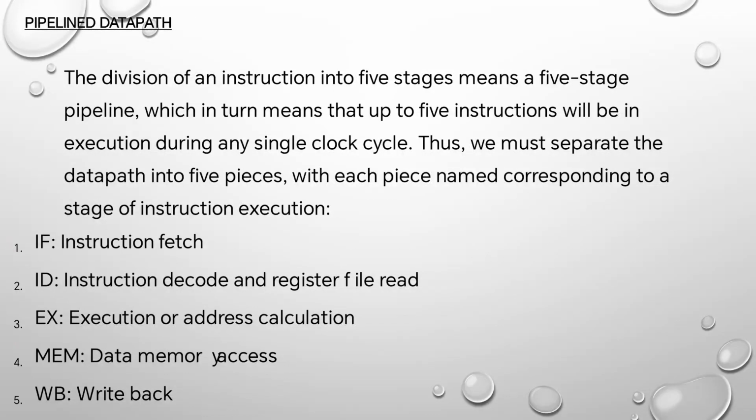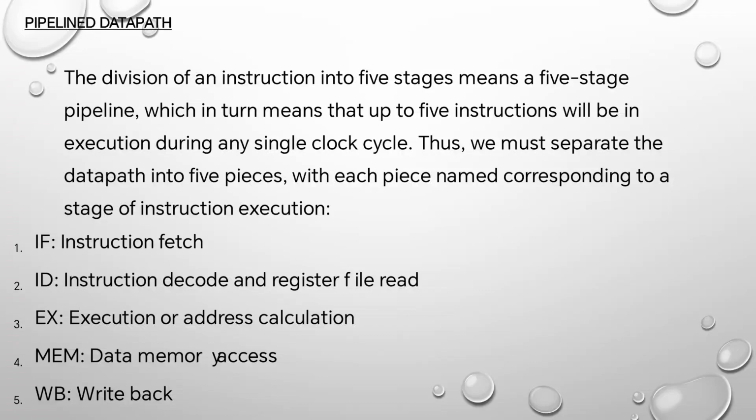Pipeline data path. The division of an instruction into 5 stages means 5-stage pipelining, which in turn means that 5 instructions will be executing in a single clock cycle. The stages are instruction fetch, instruction decode and register file read, execution, data memory access, and write back.